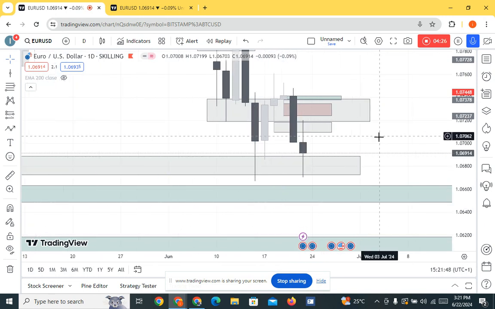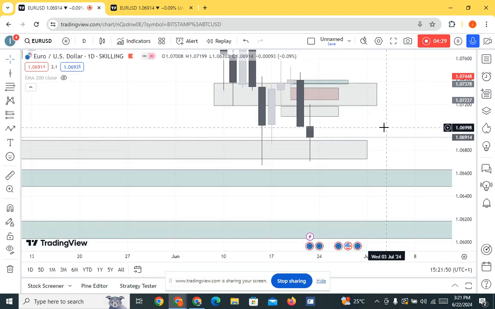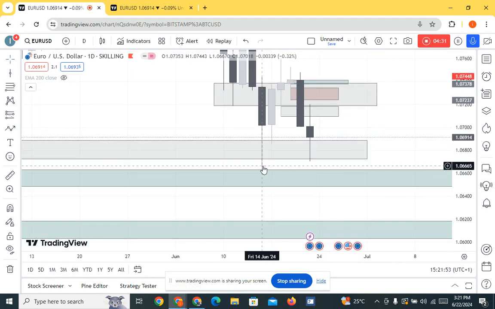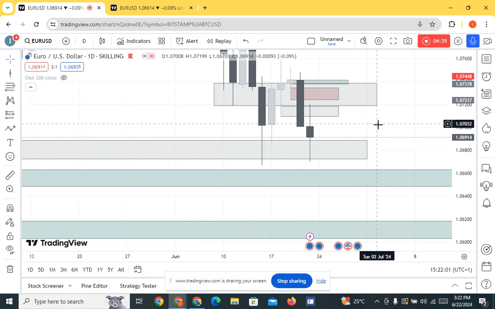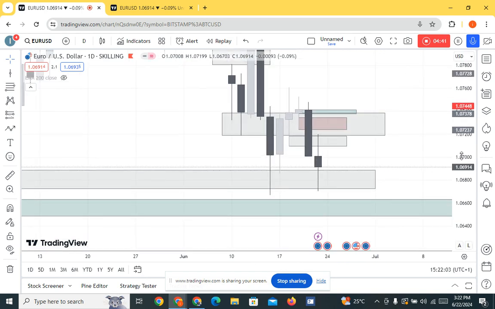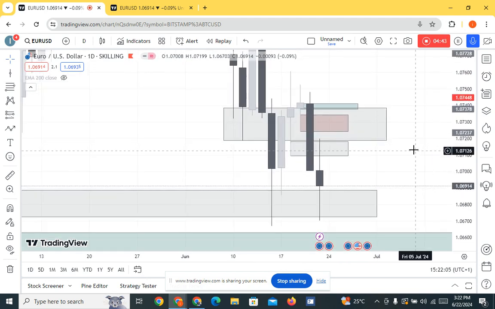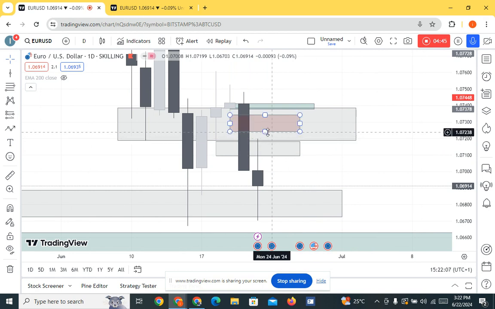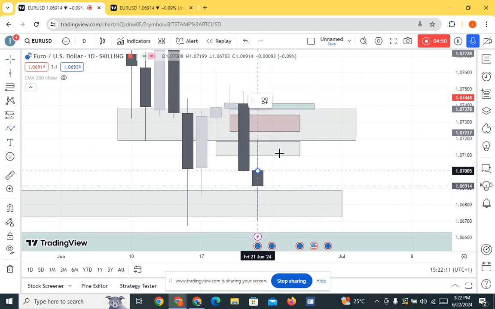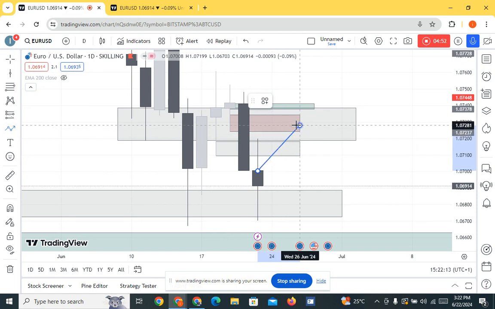So for price to continue higher, it needs to take out all of these liquidities. This level has already been activated as a liquidity level, and then this level right here and this level right here. So right now, I'm looking for price to trade into this zone.